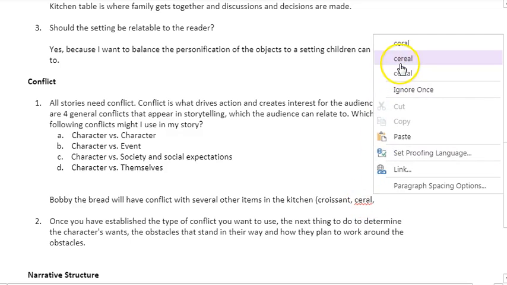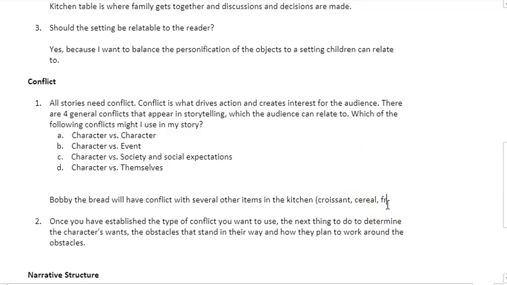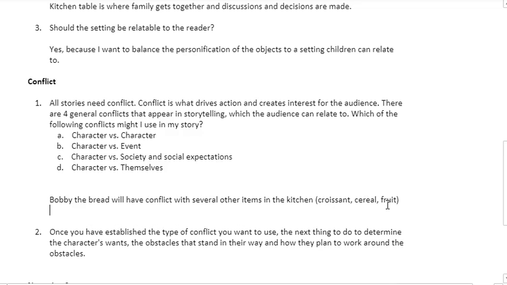Sorry, my spelling's atrocious this morning. All sorts of other items in the kitchen. He'll have that conflict with those other items and begin to doubt himself when he meets Tom the toaster.